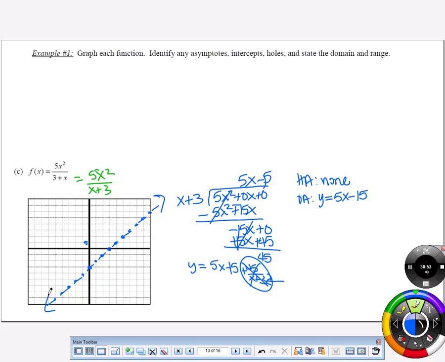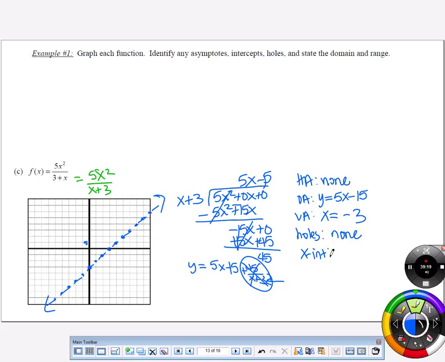Vertical asymptotes, same way that we always used to be. Where's our vertical asymptote for this equation? X equals what value? Negative 3. It's what makes the denominator equal to 0. Are there any holes? No. Do we have any X-intercepts?